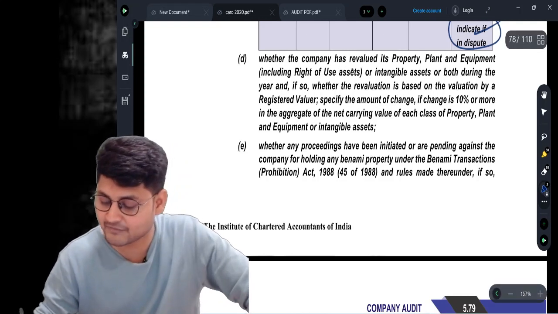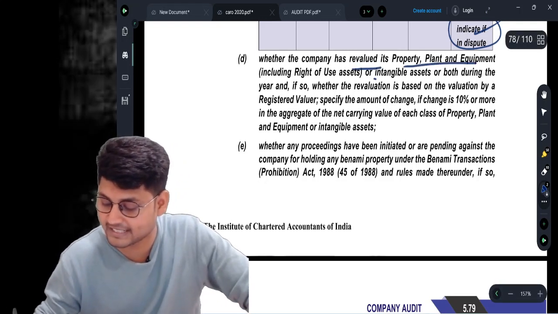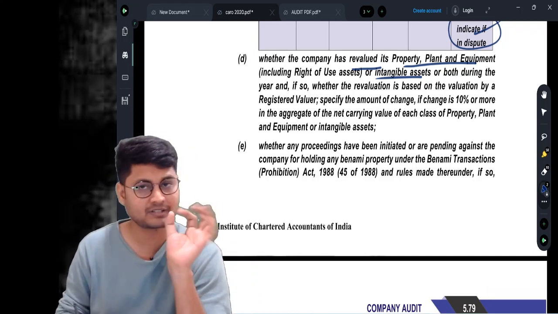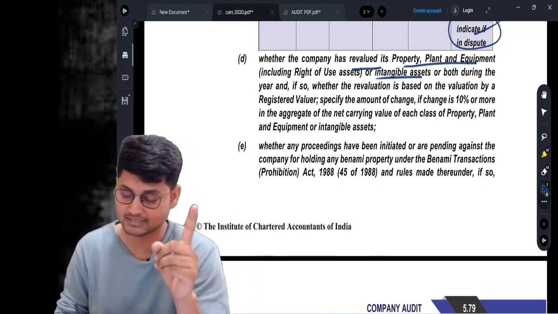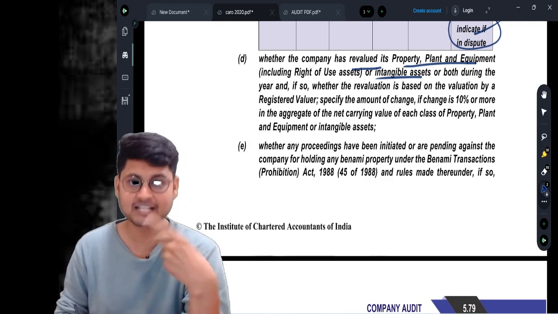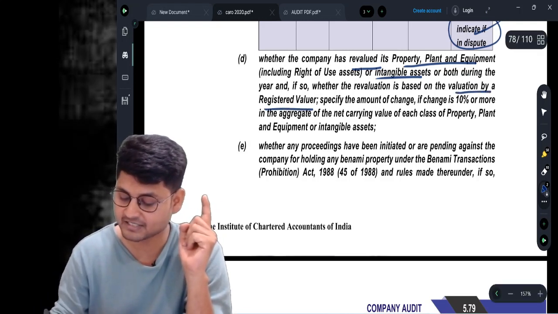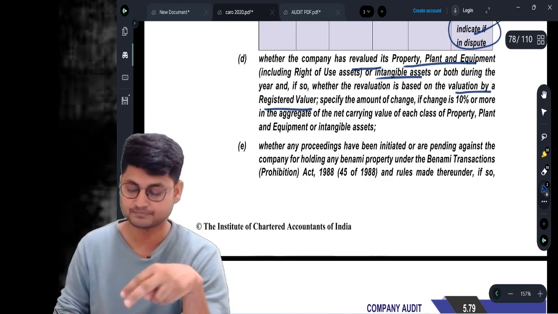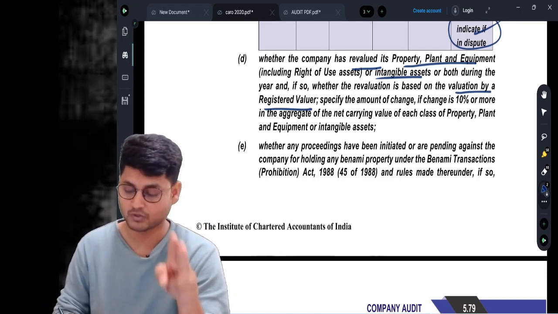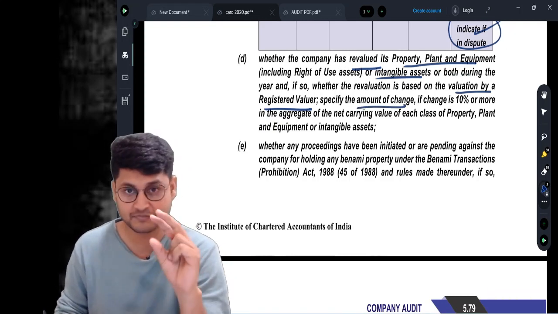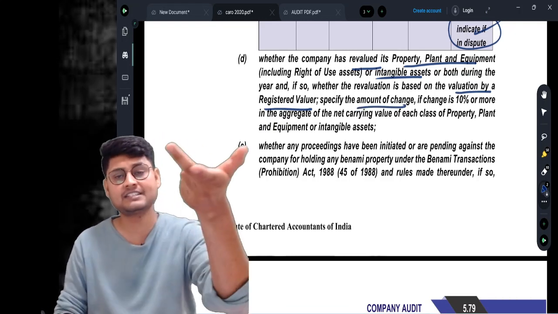Whether the company has revalued its PPE or intangible assets or both during the year. So this is point number 1. You need to write whether revaluation has taken place or not, and if so, whether the revaluation is done by a registered valuer or not. This is point number 2. And also specify the amount of change, how much it is changed, whether it is increased or decreased.